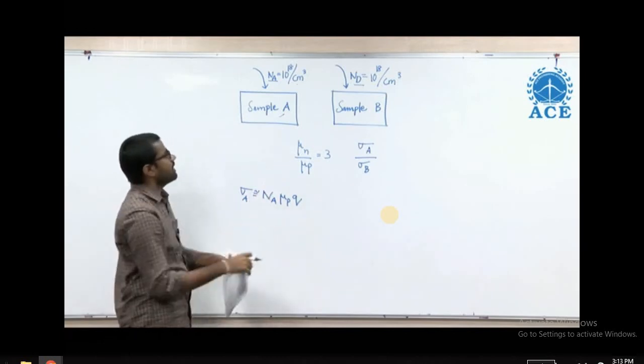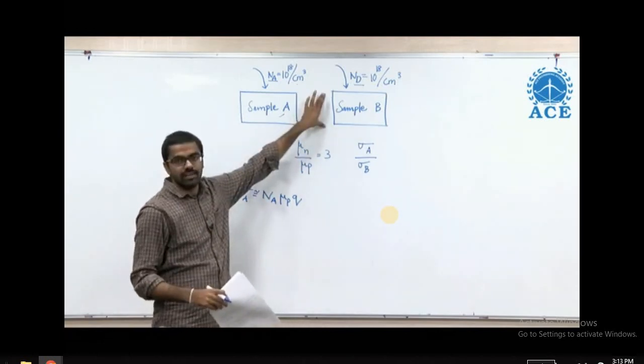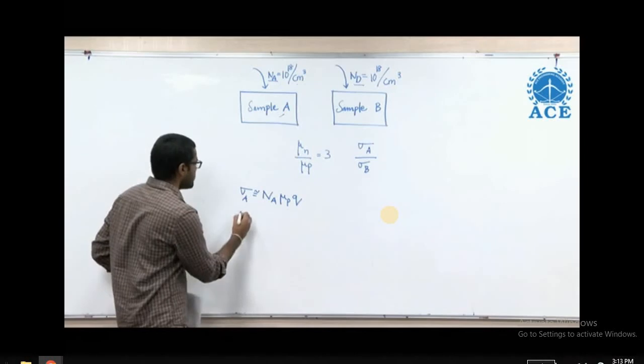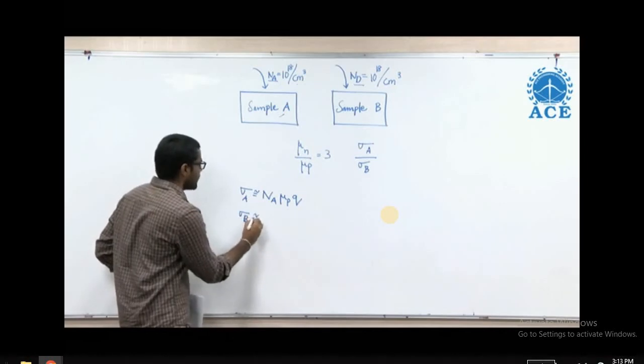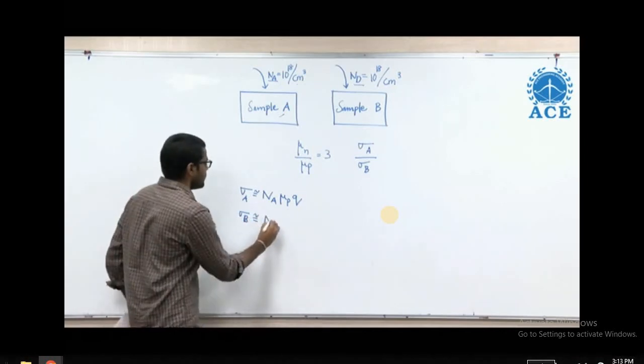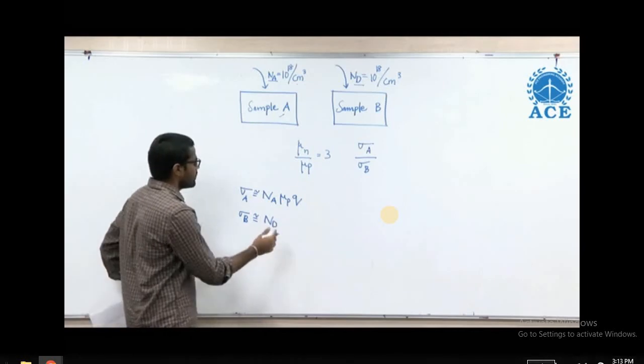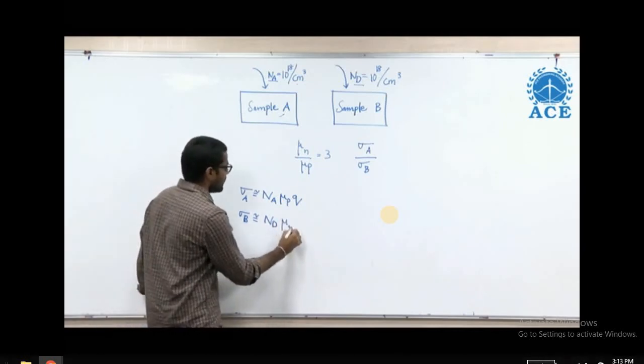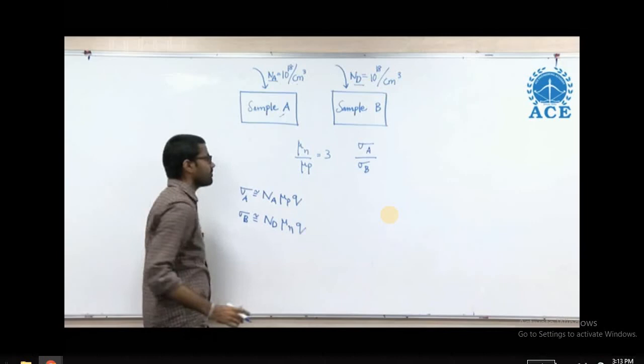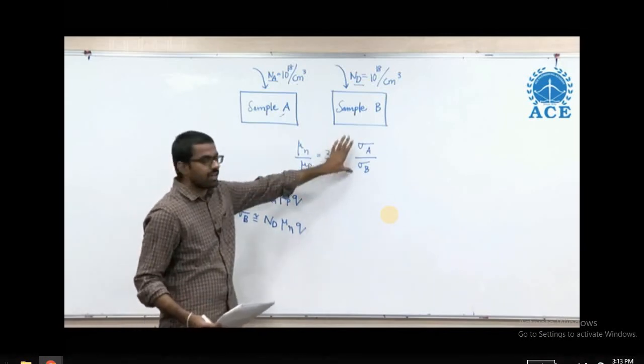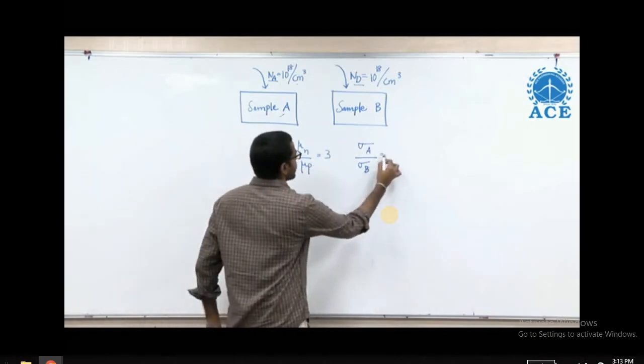Sample B can be treated as n-type semiconductor. So for n-type semiconductor, conductivity can be approximately given as donor impurity concentration into mobility of electrons into Q.